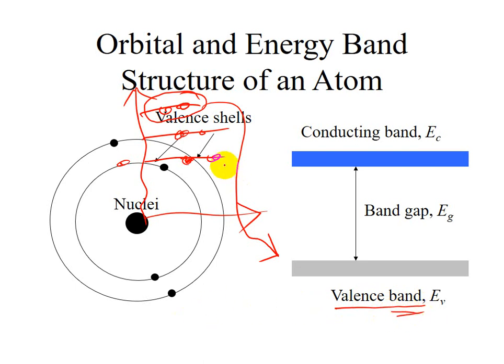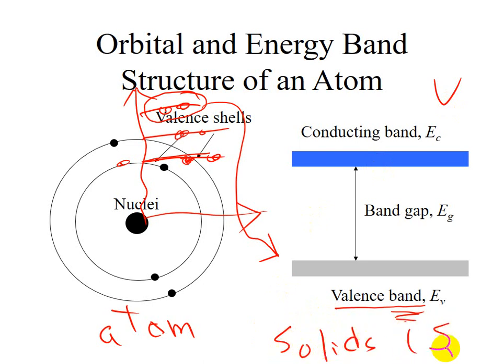From a single orbital, a single energy level, to a valence band, it is because over here we are talking about a single atom, but over here we are talking about a solid, for example, a silicon single crystal. A solid is composed of numerous atoms.